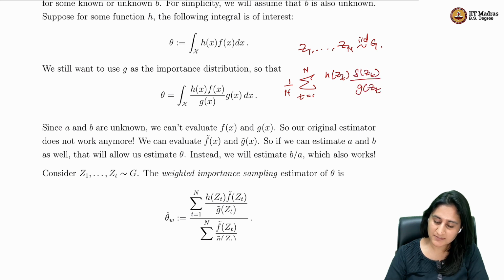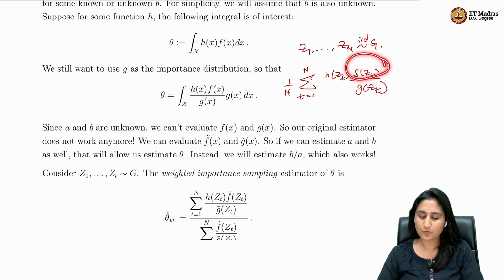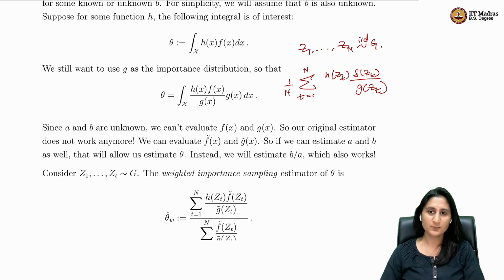But the issue is that even if we know g completely, we often don't know f, right? We don't know the a in f, so we can't actually evaluate this. What we can evaluate is f tilde and g tilde. We can't evaluate f and g, but we can evaluate f and g tildes.